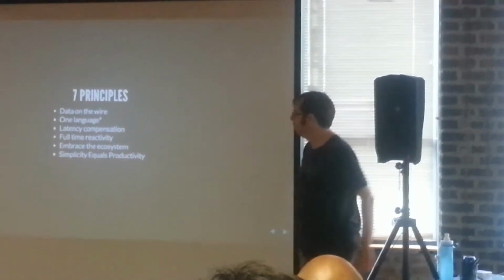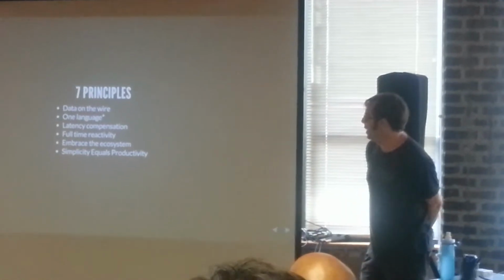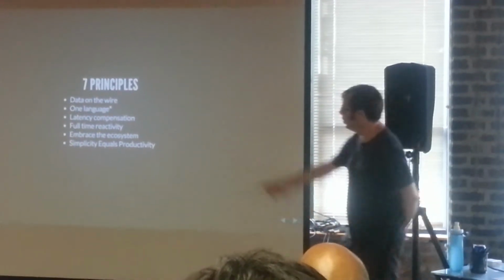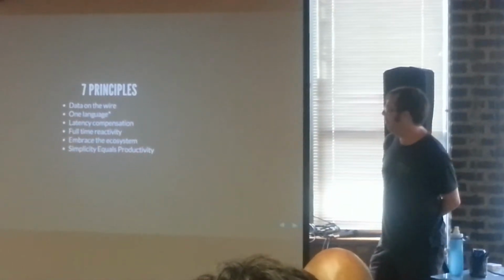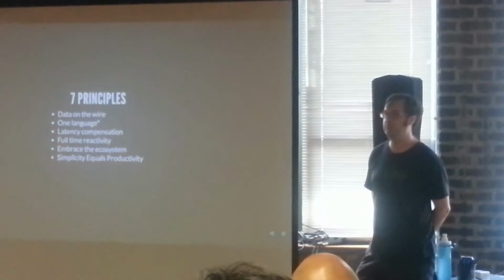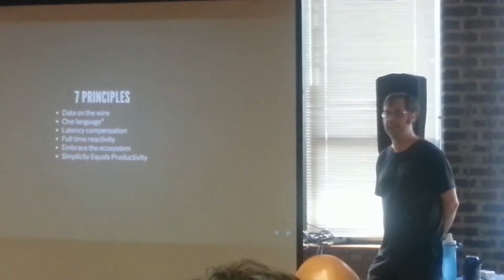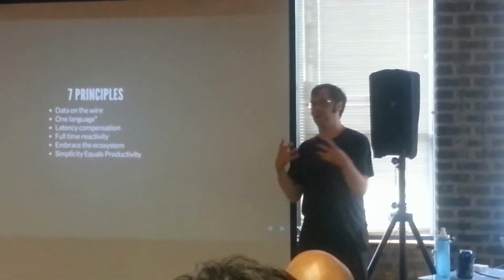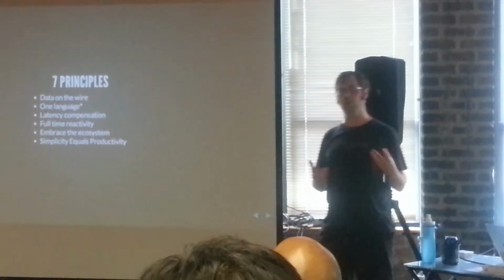Pretty important. So embracing the ecosystem, they list that as one of their core values. You can bring in NPMs and Bower modules pretty easily, but there's other senses in which Meteor kind of wants to run and own your core application.